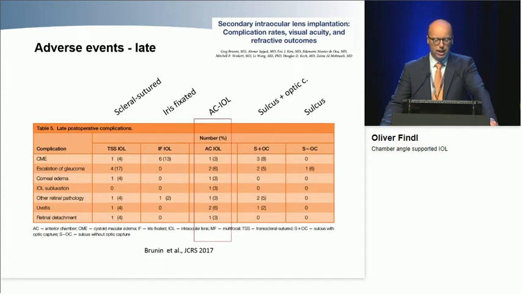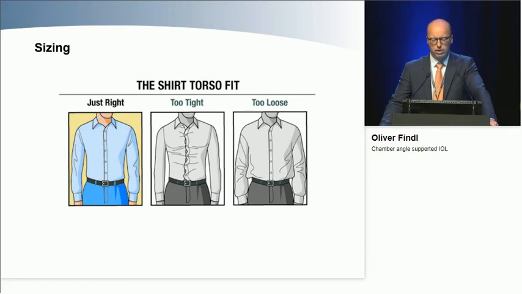If we look at the later adverse events, we can see that these are a little higher, but still quite low. So they actually summarize that obviously sulcus placement is the number one you should aim for, but that the three others, whether scleral sutured, iris fixated, or AC IOL, actually are pretty much the same, not much more difference. And actually scleral sutures seem to have higher complication rates on adverse events in this series.